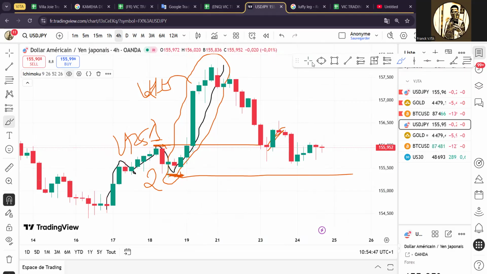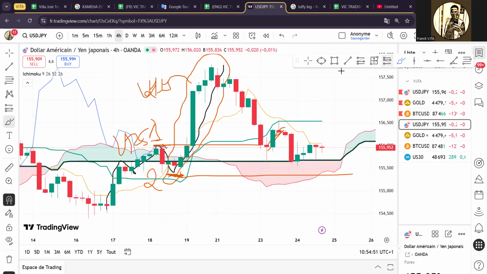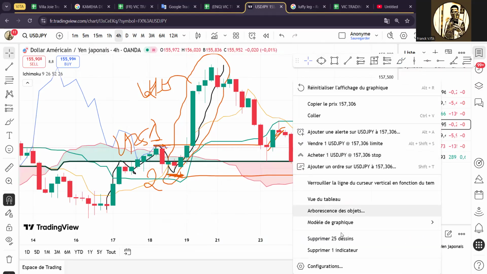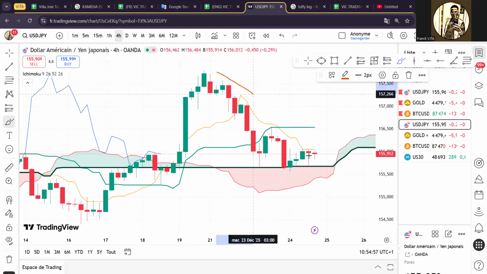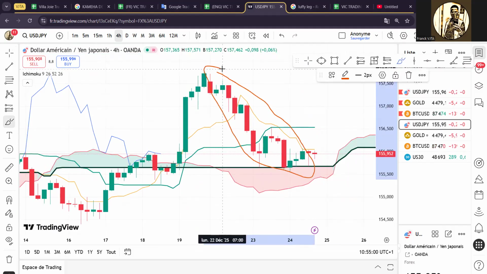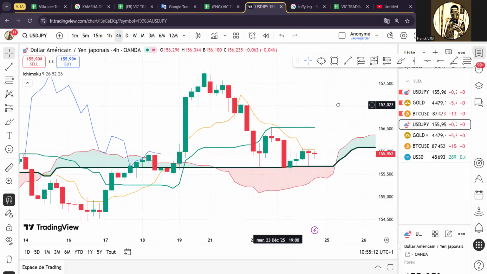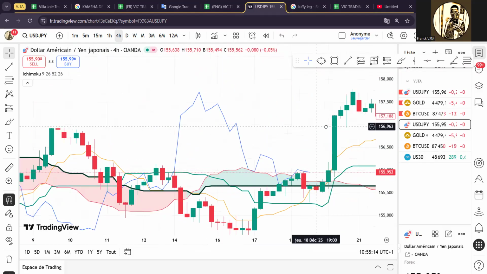So when you put back Ichimoku, if you didn't have these falling down candles, right? And then you wanted to know till where the reversal will fall down, you would have done something simple like this.